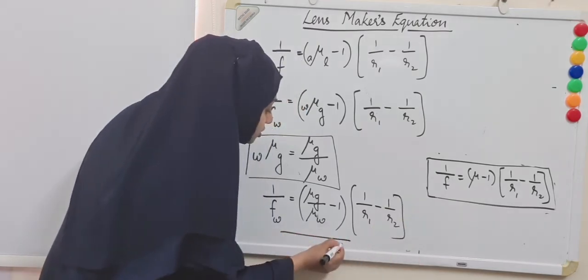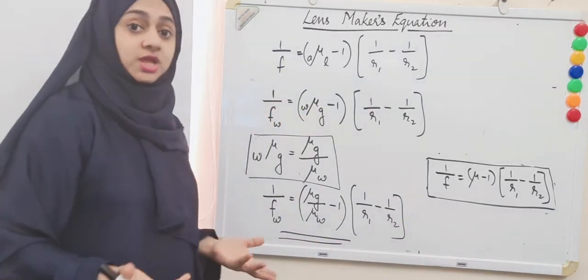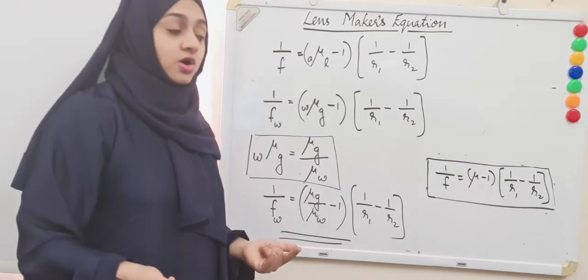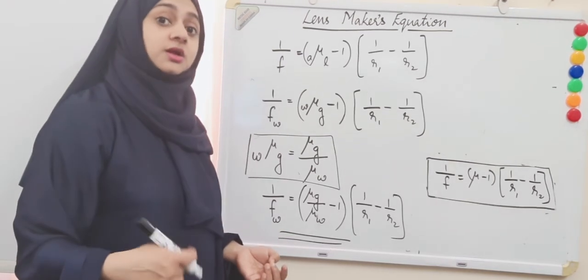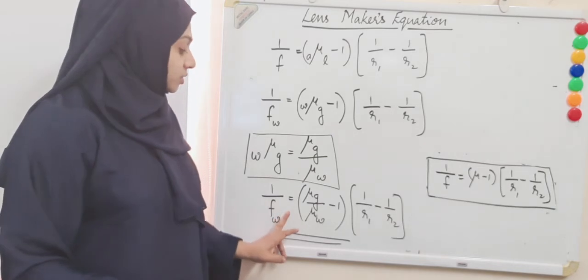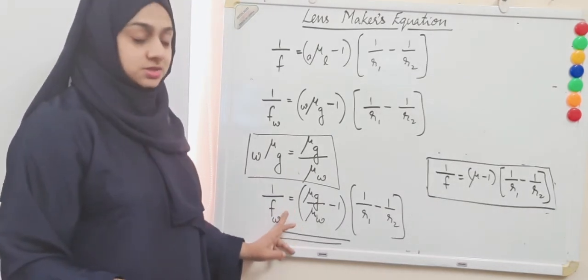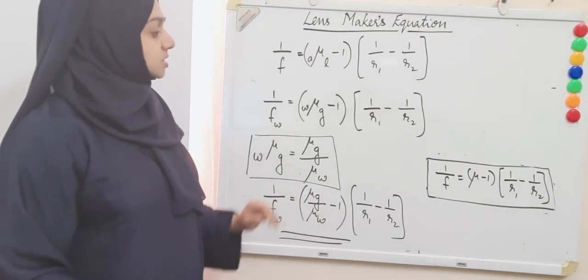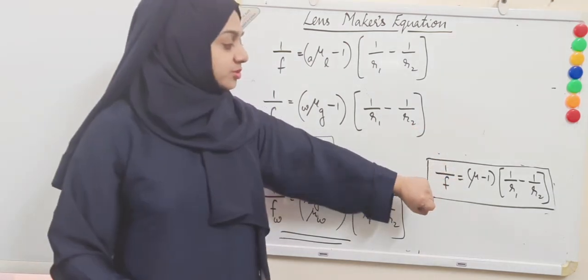So, in order to find what change will happen to the focal length of a lens if it is kept in another medium, you have to consider an equation like this. So, this is the lens maker's equation. You have to memorize it.